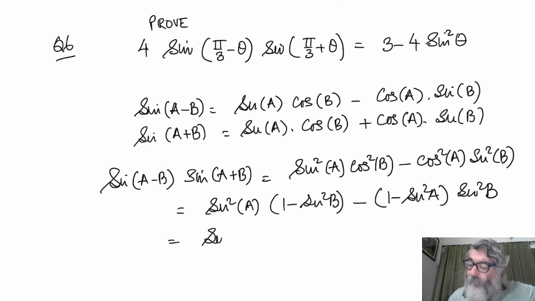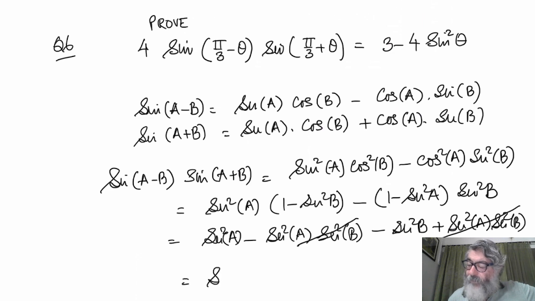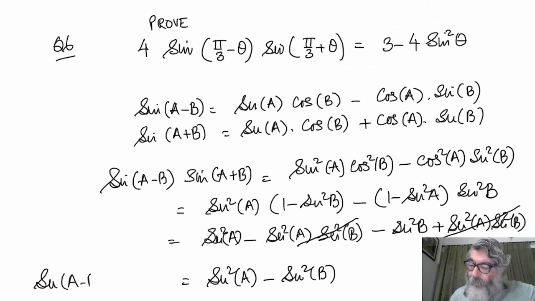I'll get sine square A minus sine square A sine square B, and minus sine square B plus sine square A sine square B. So these two terms will cancel and you will get sine square A minus sine square B, and this is sine (A minus B) into sine (A plus B).